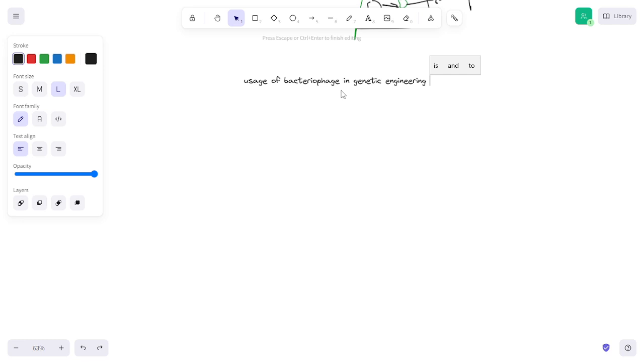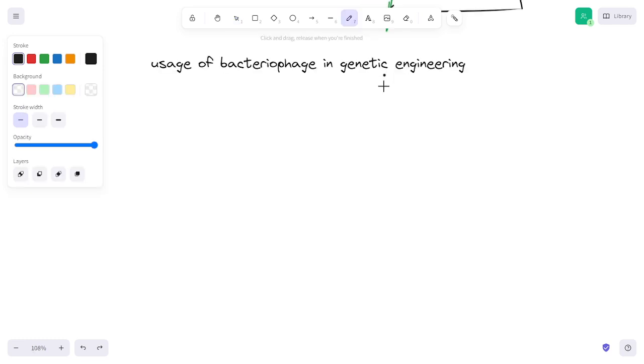So पहले हम पढ़ेंगे what is genetic engineering. What is genetic engineering?